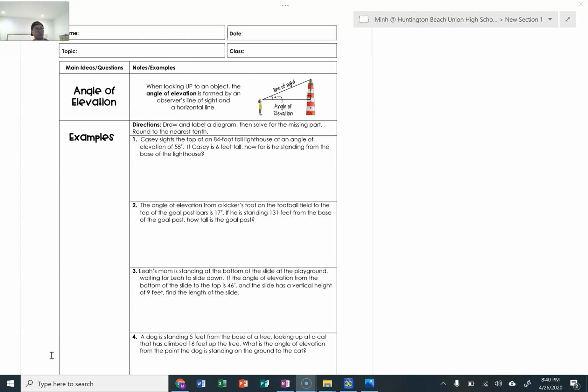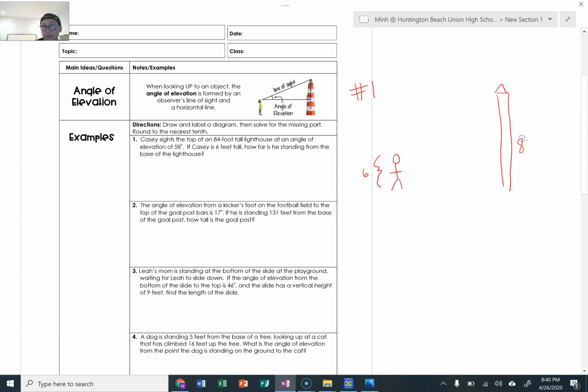So we know that Casey, and again, not everything's going to be drawn to scale, right? So for number one, we know Casey is a 6 foot tall individual, right? So I'll put that right there. He's a 6 foot tall person. And he is sighting that from the very top of the lighthouse, which is going to be 84 feet, so we'll have a lighthouse.